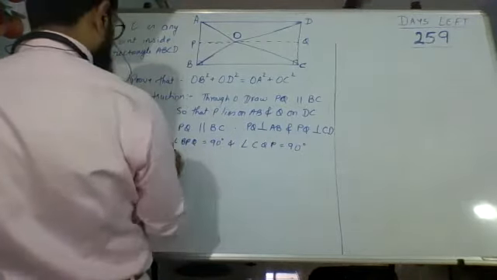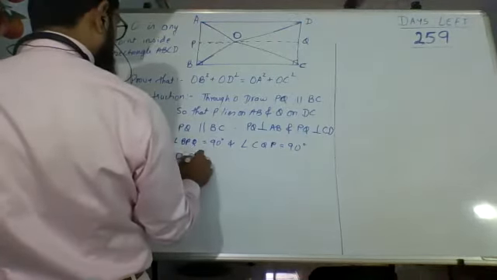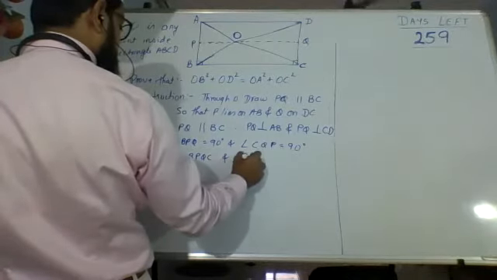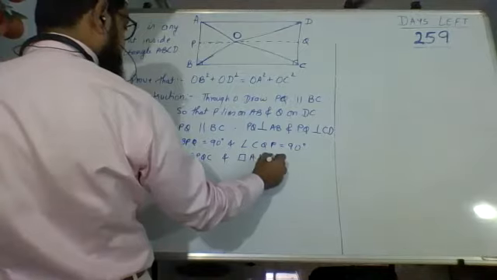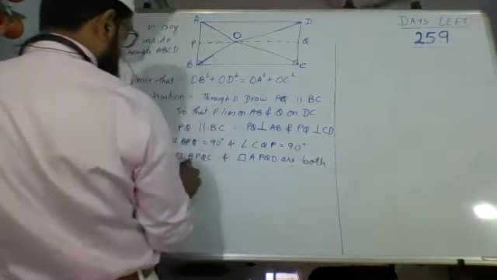Okay. Therefore, quadrilateral BPQC and quadrilateral APQD are both rectangles.